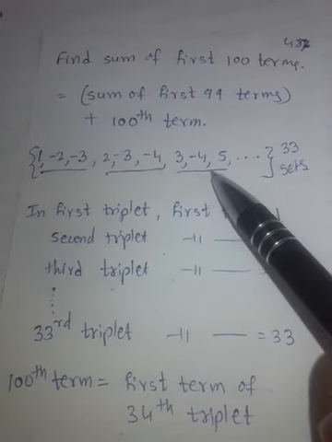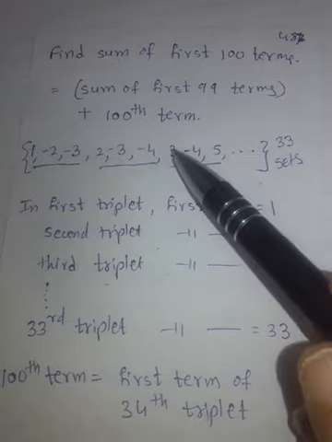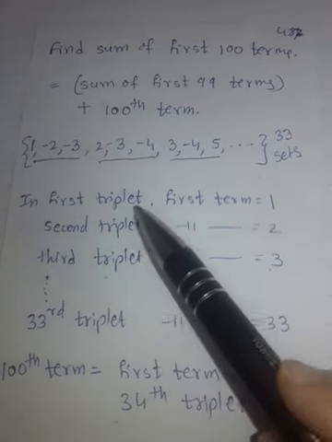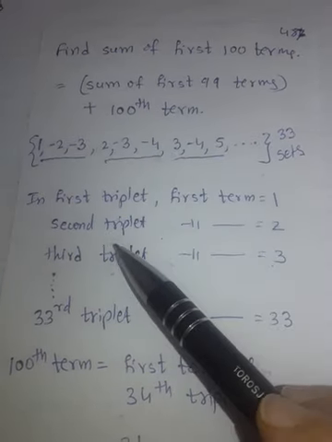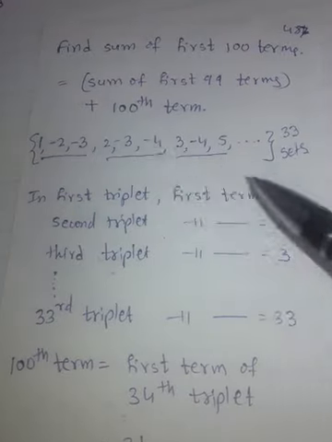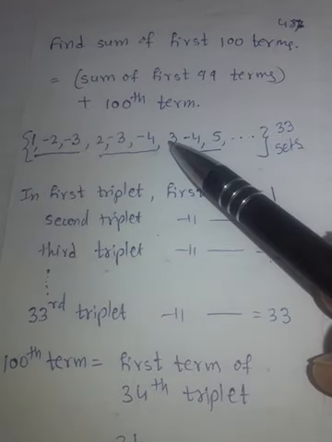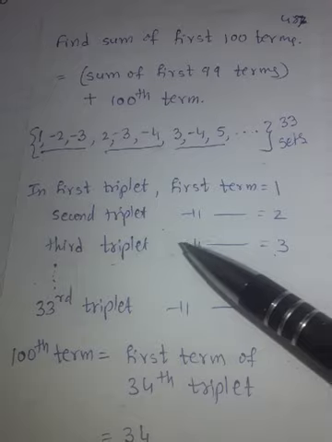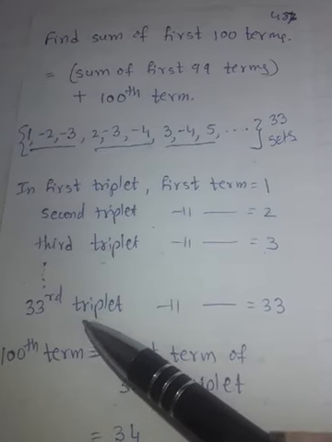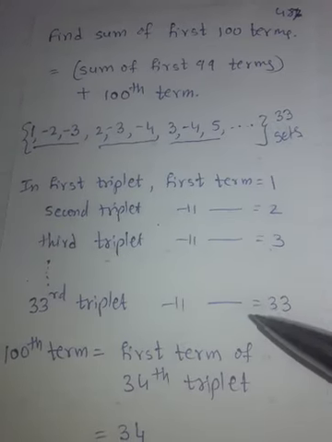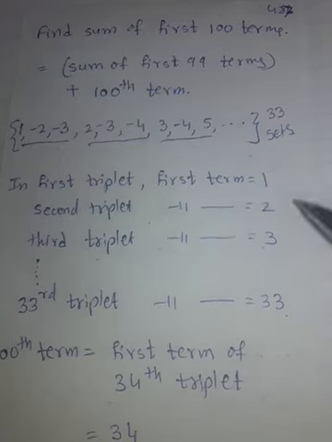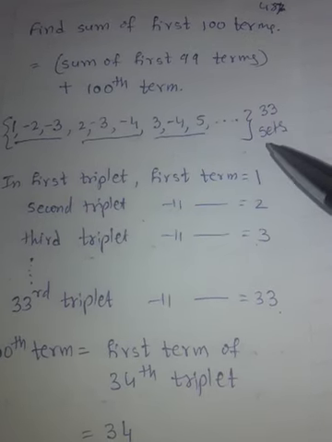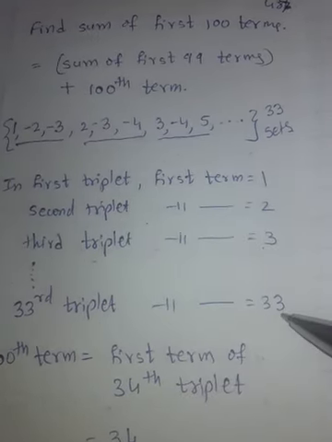In the third triplet, the first term is 3. So in the 33 triplets जो हमने पहले किया था, the first term is going to be 33.